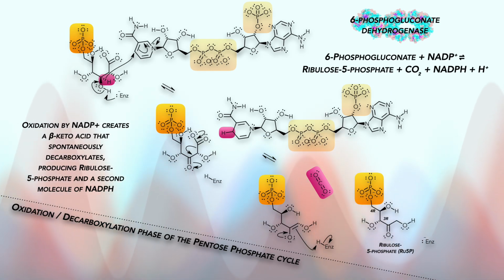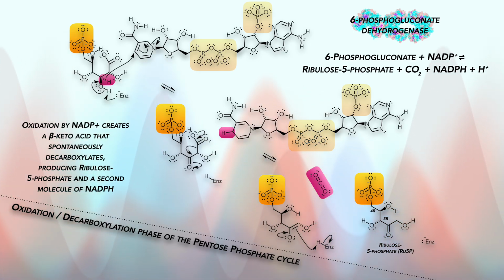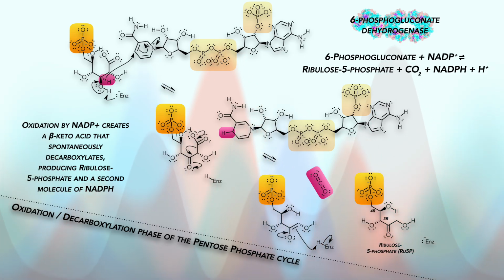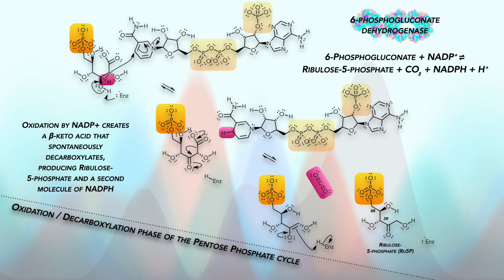And now the final oxidation reaction combines oxidation and decarboxylation. A hydride is transferred from 6-phosphogluconate to NADP+, producing a second NADPH and a beta-keto acid intermediate. Beta-keto acids decarboxylate readily.